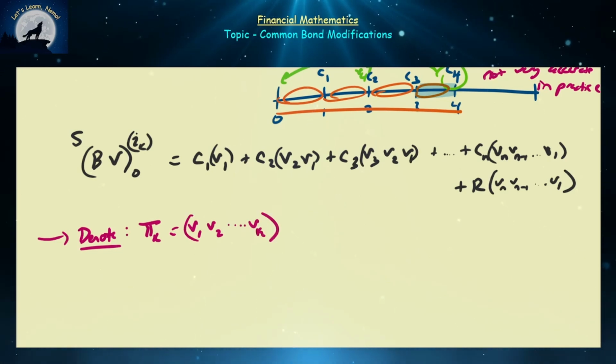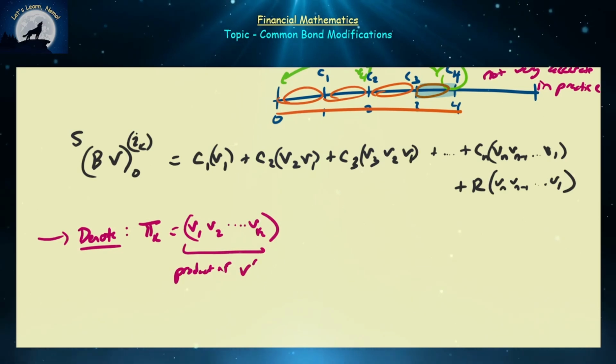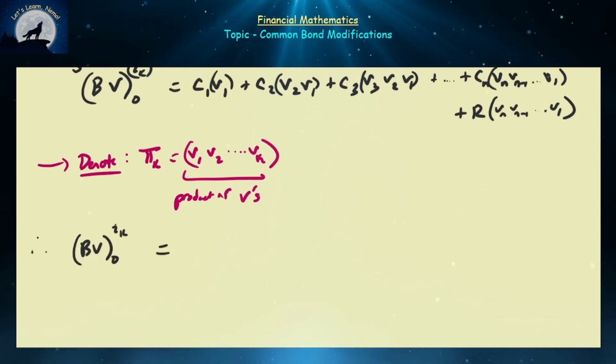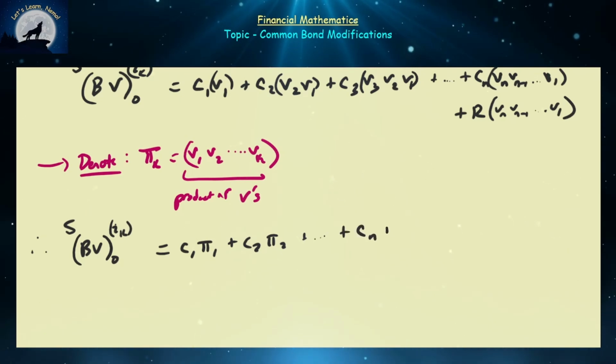This is just a product of nus. Taking that representation, BV0 with i_k's is equal to C1 P1 plus C2 P2 all the way down to Cn Pn plus R Pn.